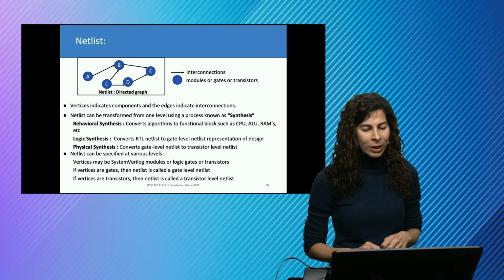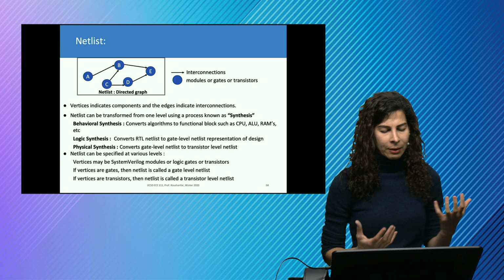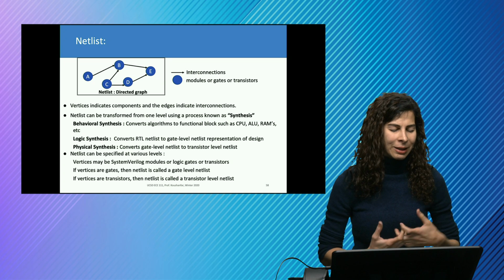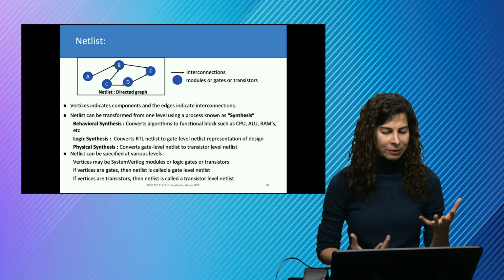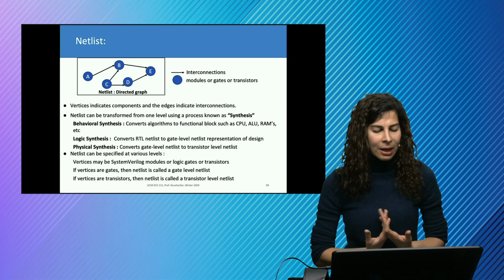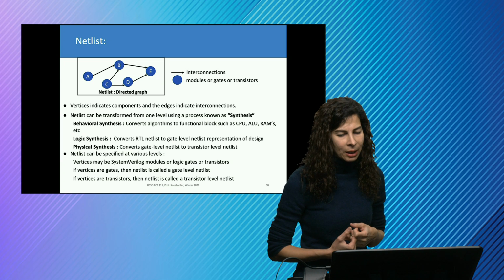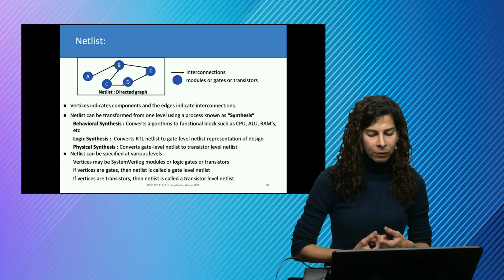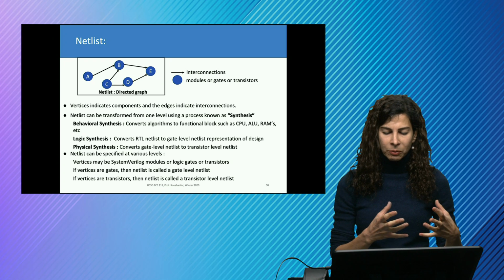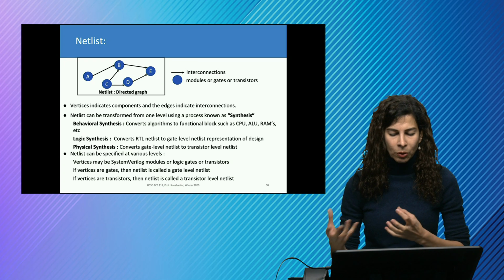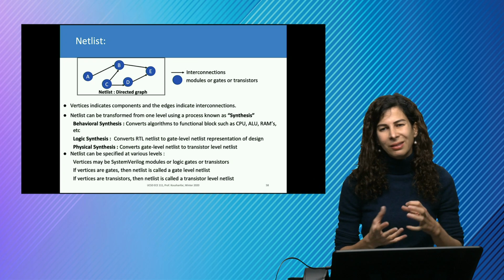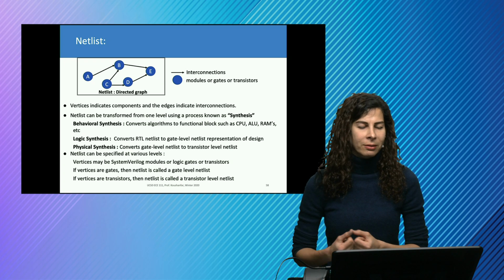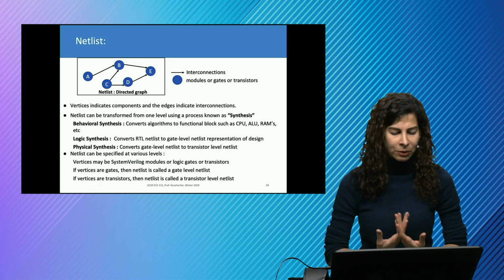And once we go through the software that translates the System Verilog to a netlist, the netlist is actually the output of a synthesis. When we do behavioral synthesis, the algorithms go to the functional blocks, not necessarily the gates, but functional blocks such as ALUs, CPUs, and so on.